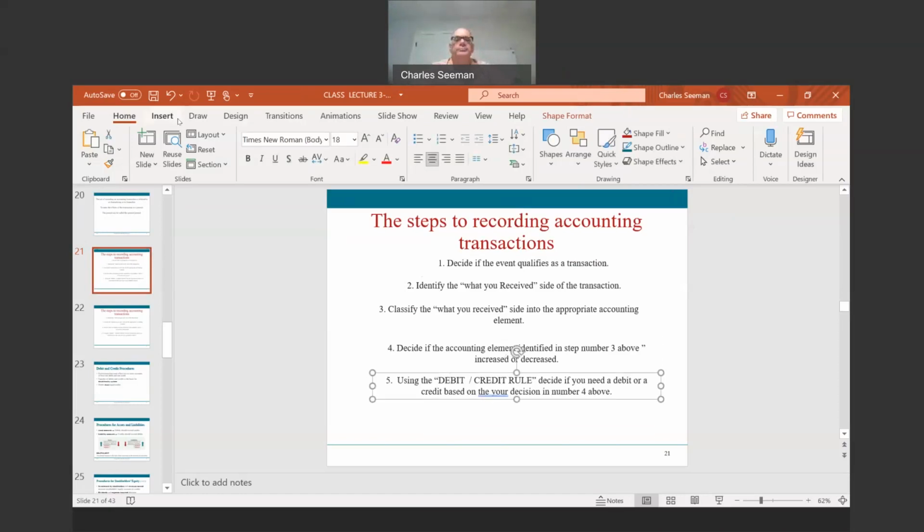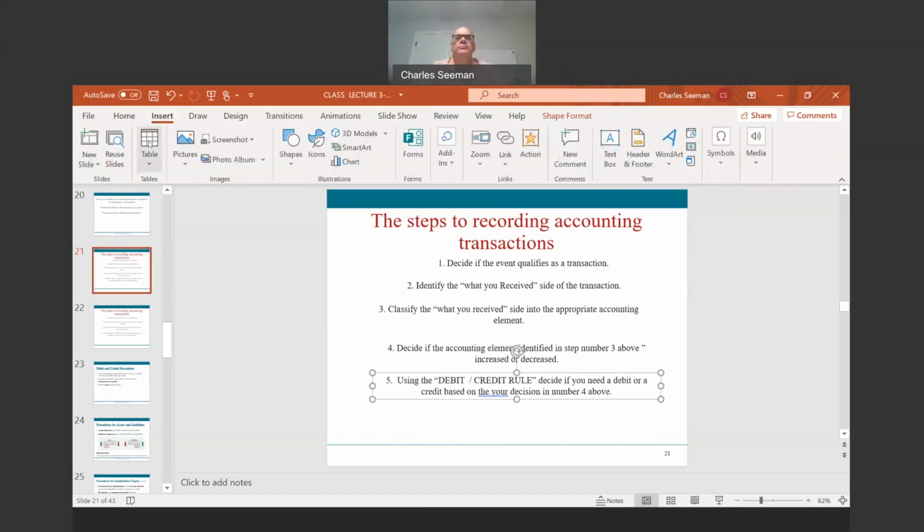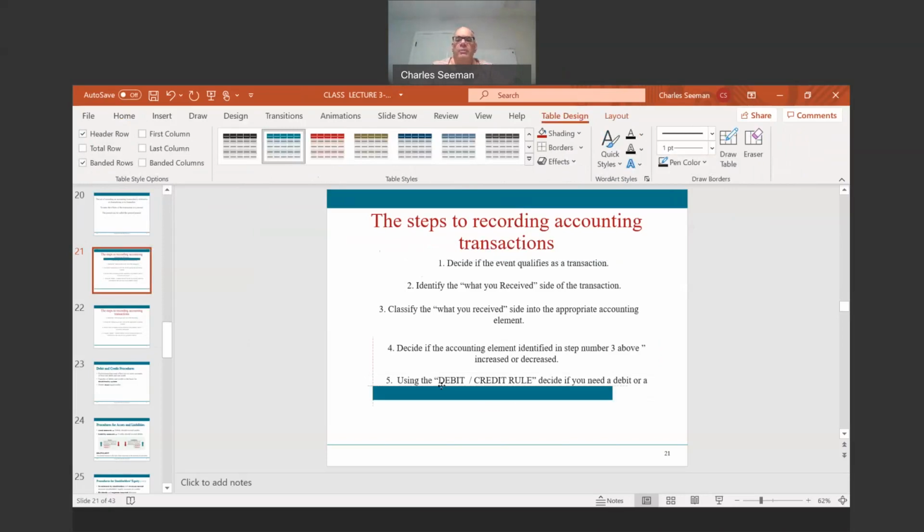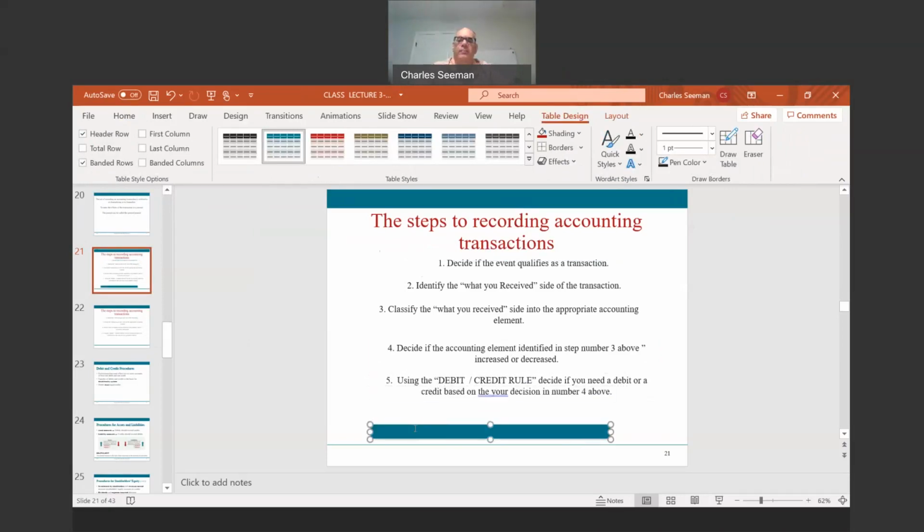So let's go through this a little bit. Assets can increase. I mean, we use a debit.